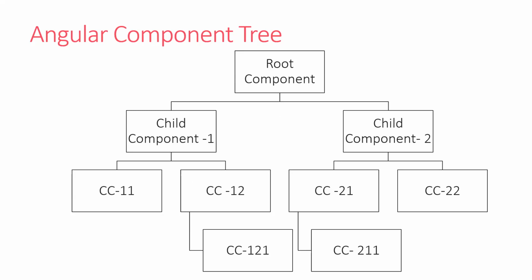There is a root component, a child one component, a child two component, then further child one and child two components, and so you can visualize the whole Angular application as a component tree. It starts with the app component and so on.